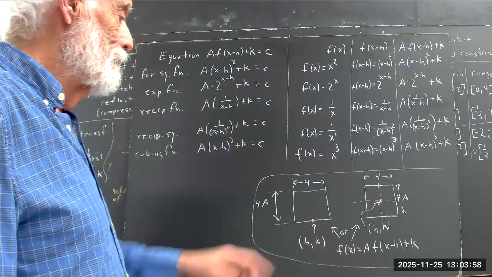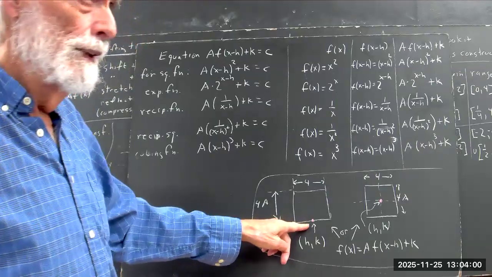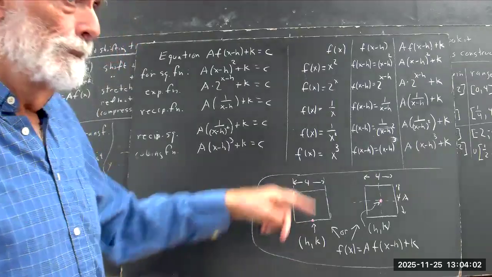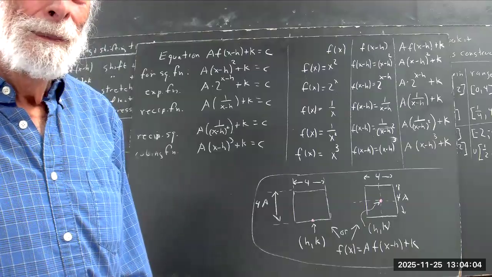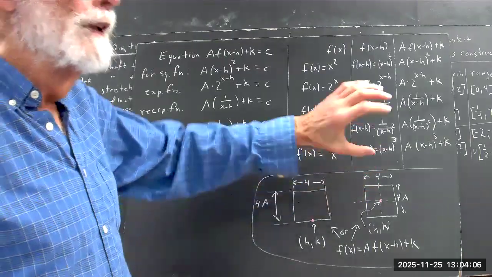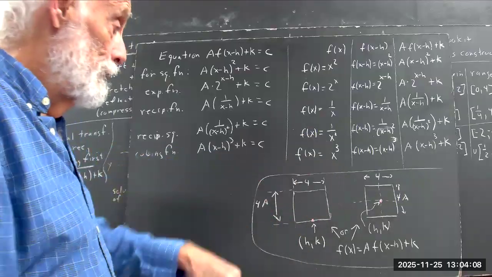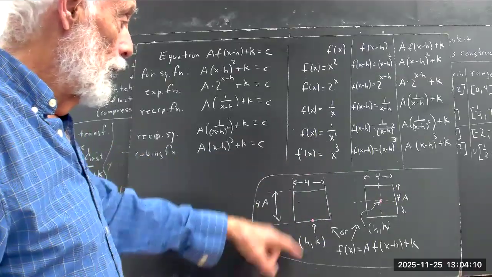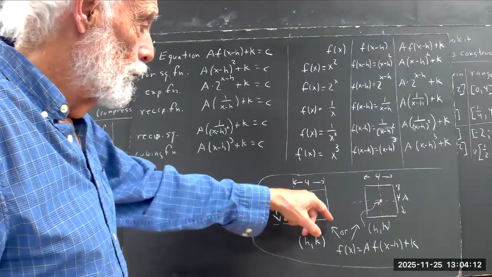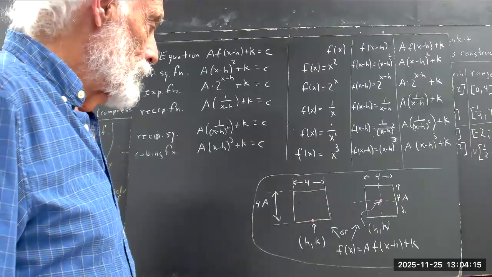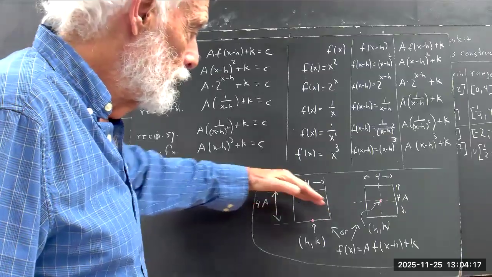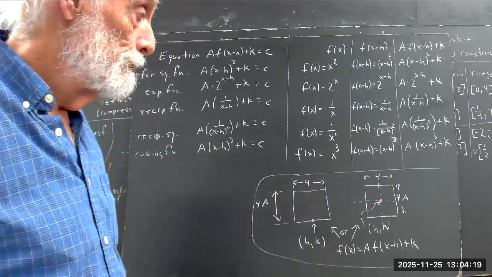And the red dot might be at the top. If a is negative, that's going to flip the graph around the x-axis, and the red dot will have to be at the top. And if you've got a squaring function, it's going to open upside down. If it's an exponential function, it's going to be a decreasing exponential.